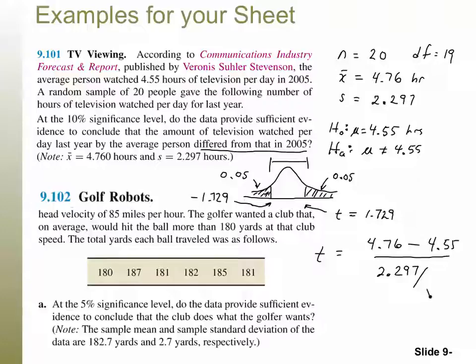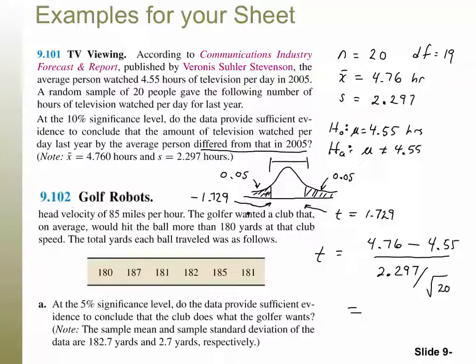Divided by what? Here is our test statistic. Crank it out as soon as you get it. Why is it not over the square root of 19? Because it's always the square root of n. The degrees of freedom is just for using the table. It's always over the square root of n.